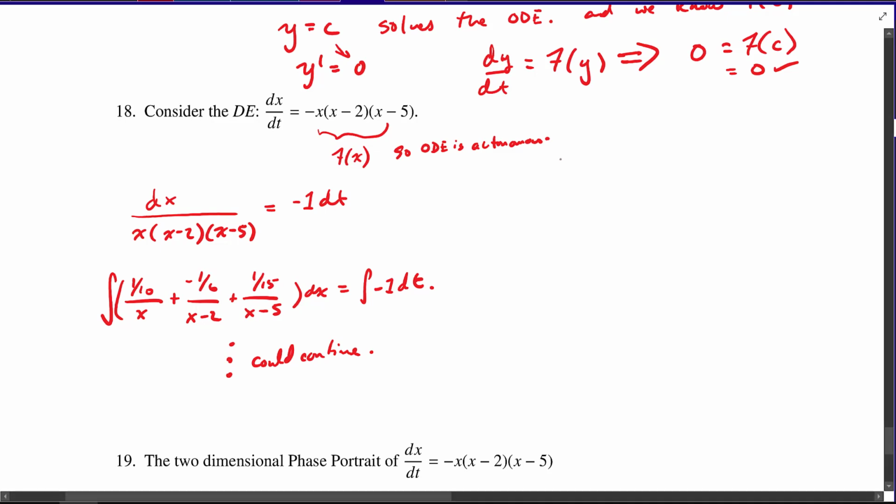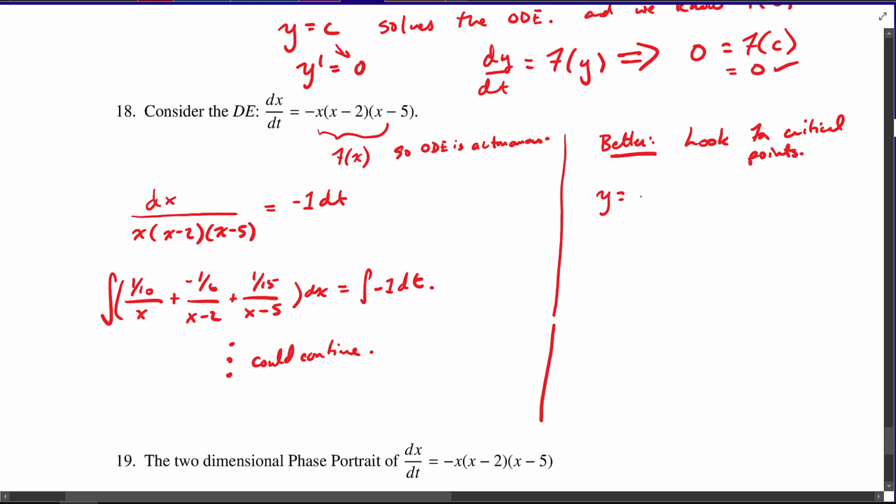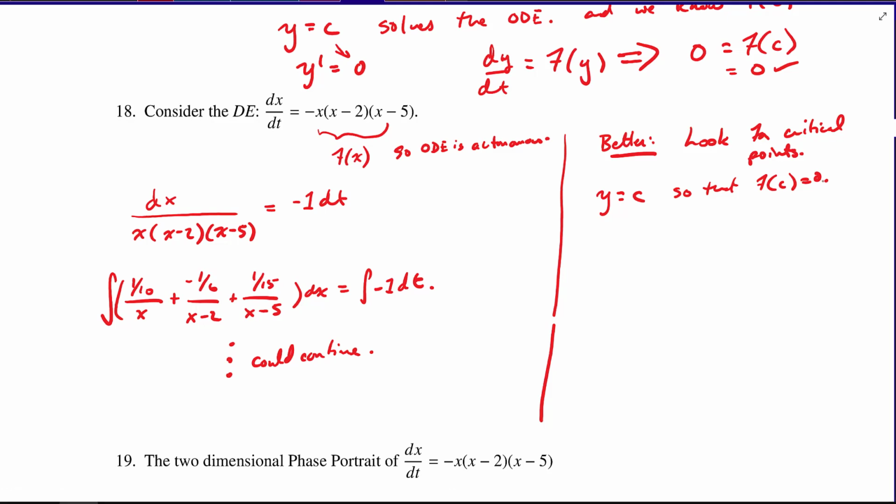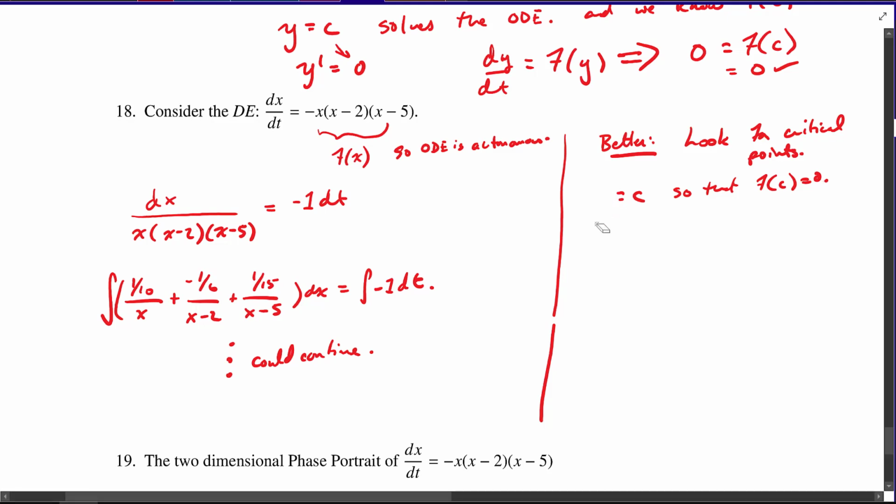But a better way to analyze this solution is to look at the critical points. Remember, what we're calling the critical points are the constant solutions y equals c so that f of c equals 0. That is, we're looking for the zeros of the function on the right-hand side there. And I should be a little more careful here, folks. I'm sorry I used y, because I was using y earlier.